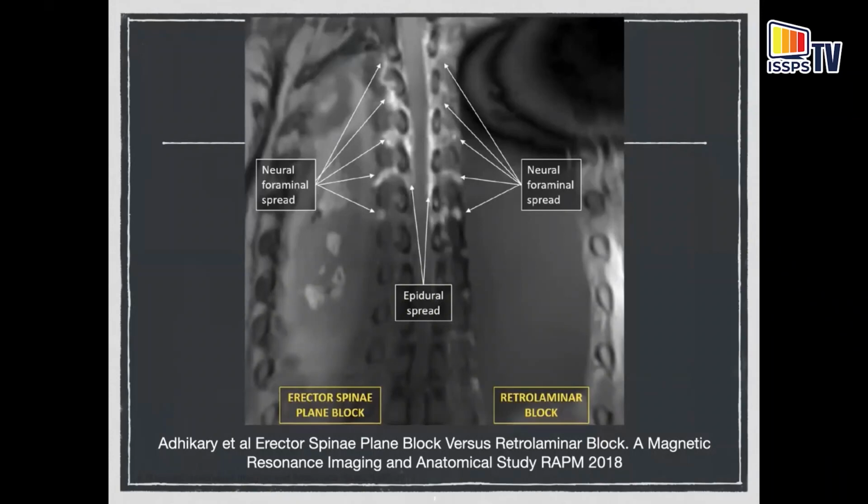So this study by Adhikari with 3 cadavers, an elaborate study involving MRI imaging, does demonstrate anterior spread to the neural elements following an erector spinae block.